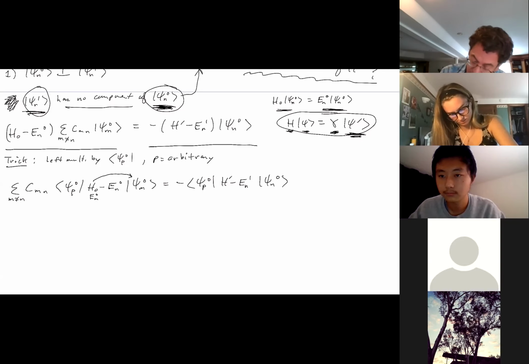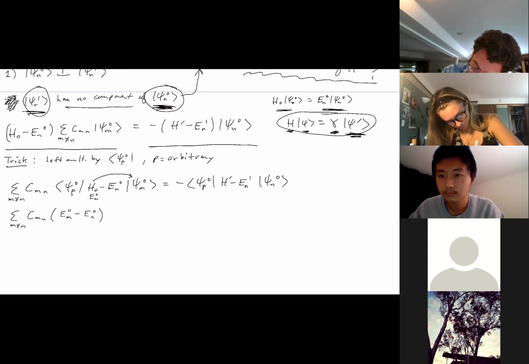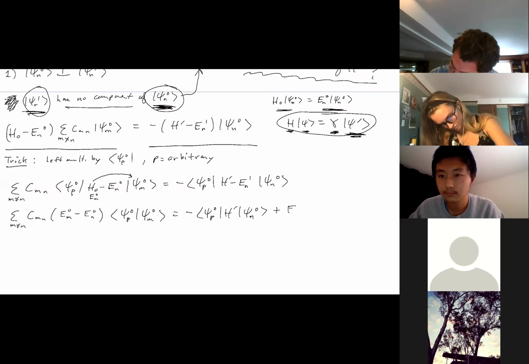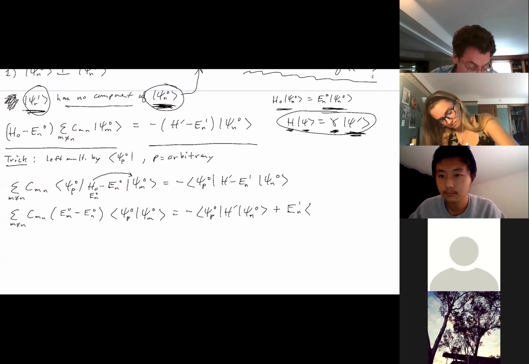So I can then rewrite this like this: sum over m not equal to n, cmn, and I can pull these guys out because they're constants, em naught minus en naught times psi p naught psi m naught, is equal to, and now this one I can break into two pieces using simple associative properties: psi p naught H prime psi n naught plus, and because that's a constant, I can bring it out, en1 times psi p naught psi n naught.